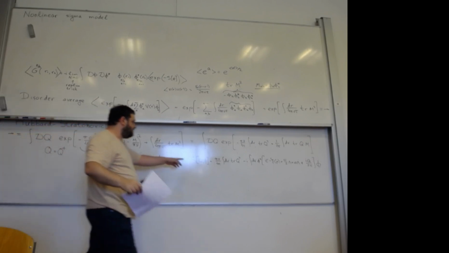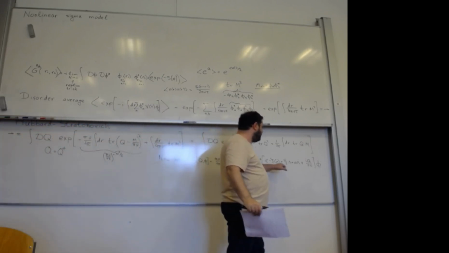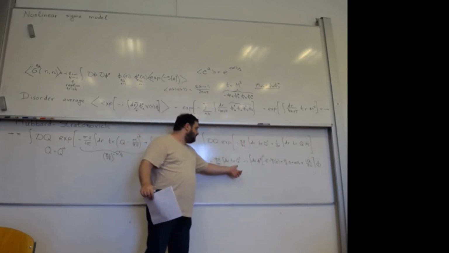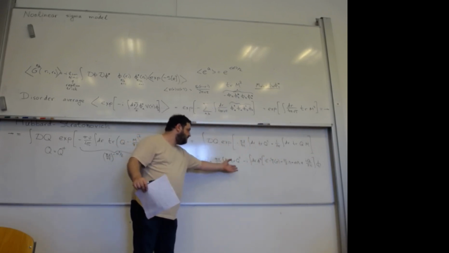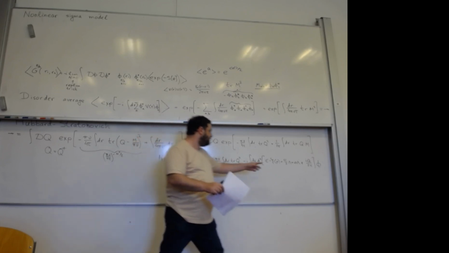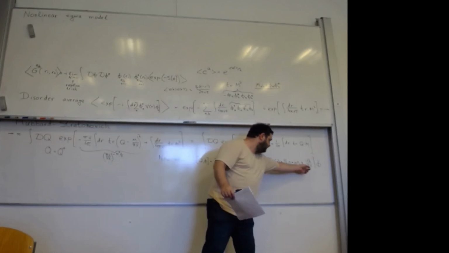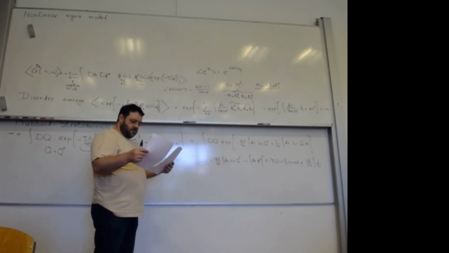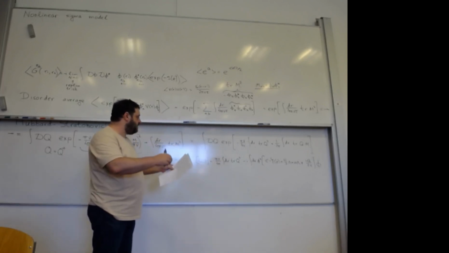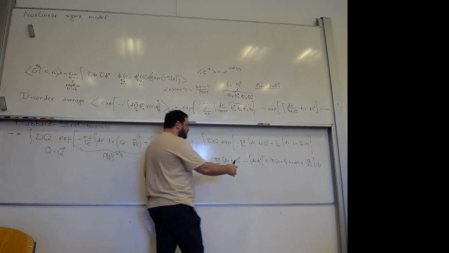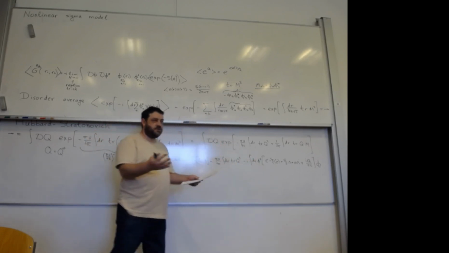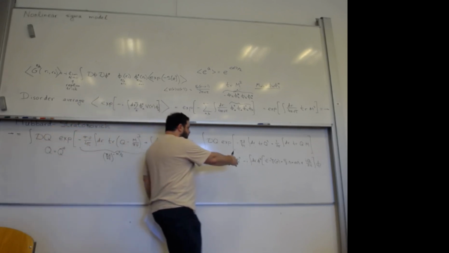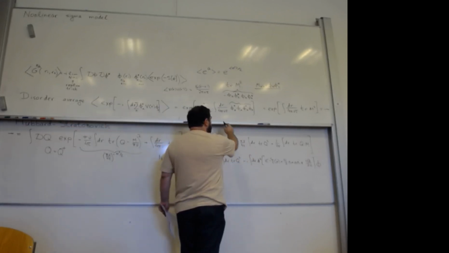As I said, this new action is again quadratic in the field phi. It has some other field Q, which is also quadratic here, but it also has an interaction. Q interacts with phi due to this term. So what we can also do to this action, we can integrate out phi fields, because now it's Gaussian again. I mean, the action is quadratic in phi. We can take the integral.